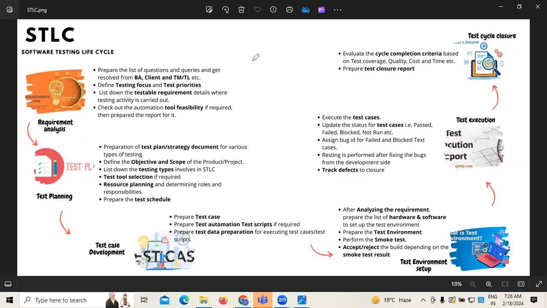Manual testing means manual operations, so preparing test cases, test scripts, test plans, etc. But when it comes to automation testing, they use different tools like Selenium, Silk, WinRunner, LoadRunner. Right. So we need to check out which automation tool is feasible, so that has to be taken into account.